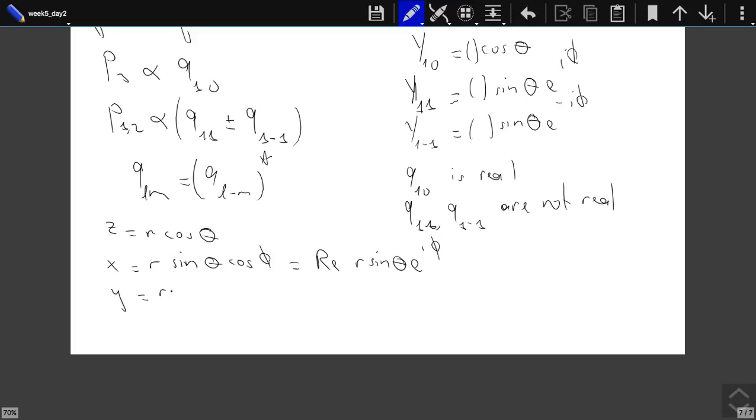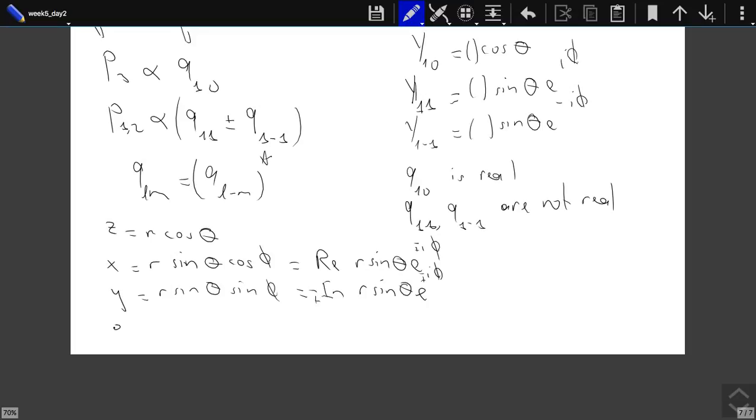And y is equal to r sine theta sine phi, which is the imaginary part of r sine theta e to the power i phi. In fact, you can put the plus or minus signs here also. If there is a minus sign, you put a minus over there.